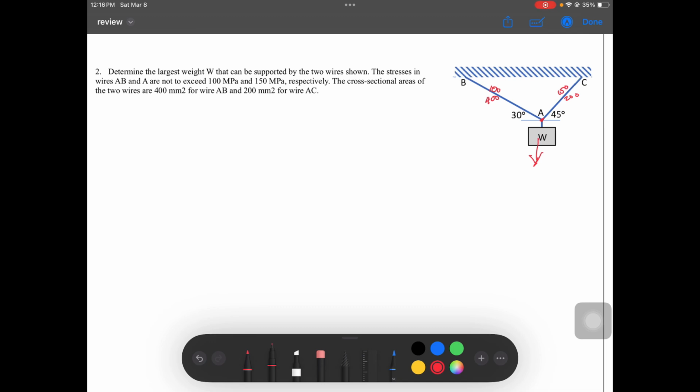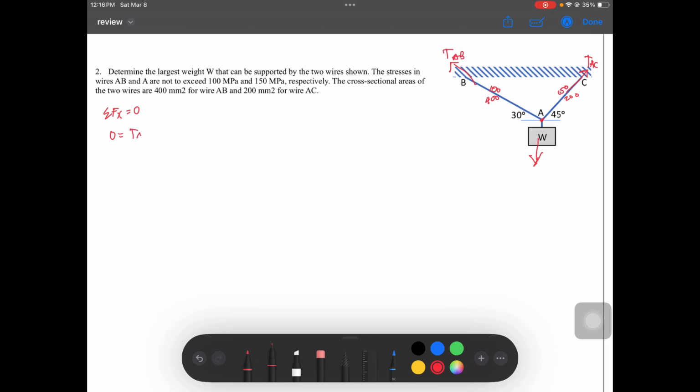So, since syempre we want this in equilibrium, mag-uumpisa kasi talaga tayo sa equilibrium. And since concurrent forces, dalawang summation of forces ang pwedeng gamitin doon. So, summation of forces along X is equal to 0. So, 0 is equal to, let's call this TAC, and this is TAB.